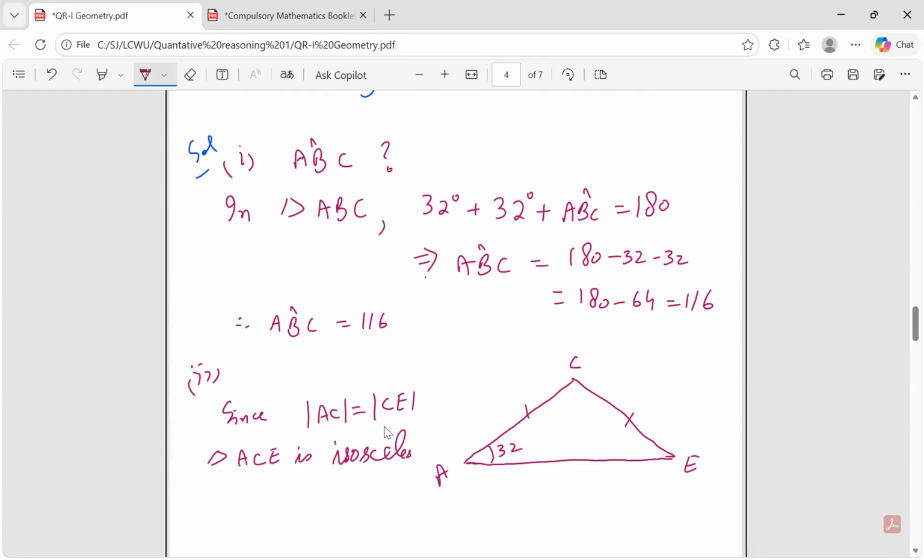Therefore, angle A is equal to angle E. So these two angles are of 32 degrees. Angle A, meaning angle CAE, is equal to angle AEC in the notation of the book.